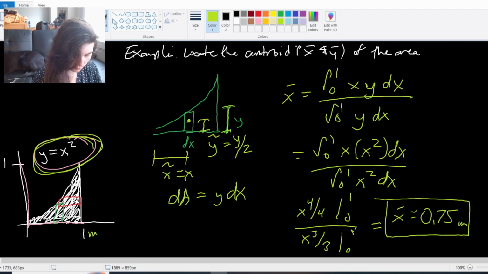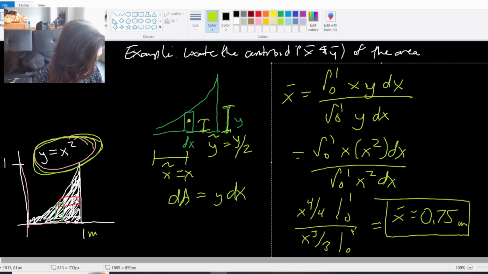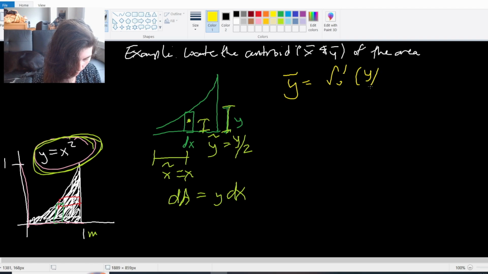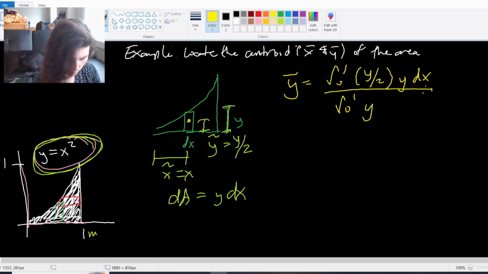Even if we do the y bar, right? So let's find the y centroid now, since it asked for both. y bar is the integral from 0 to 1 of now my y tilde, which is y over 2, and then y dx, over the integral from 0 to 1 of y dx.